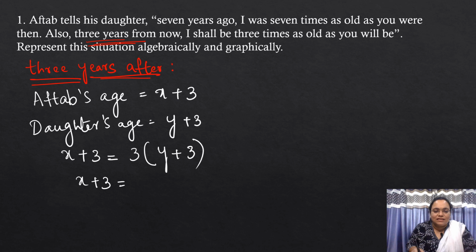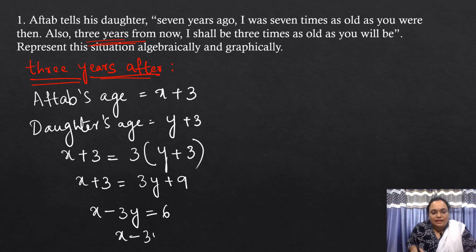X plus 3 is equal to 3Y plus 9. Get all X and Y terms to one side. X minus 3Y is equal to 6. Let us get plus 6 to the left hand side, which becomes minus 6 is equal to 0. So this is our equation number 2.